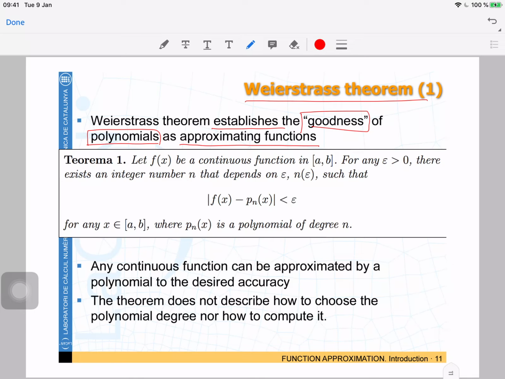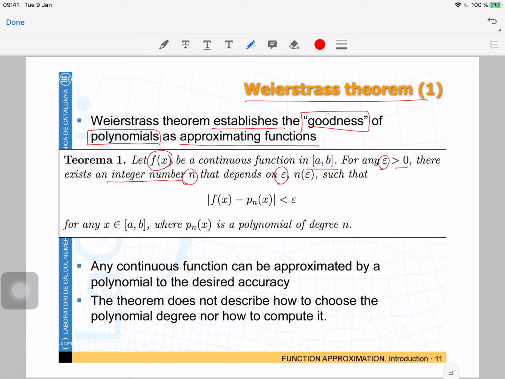So this theorem says that if we have a continuous function f in the interval between a and b, and for any parameter epsilon which is positive, then there exists an integer number n that depends on this epsilon.